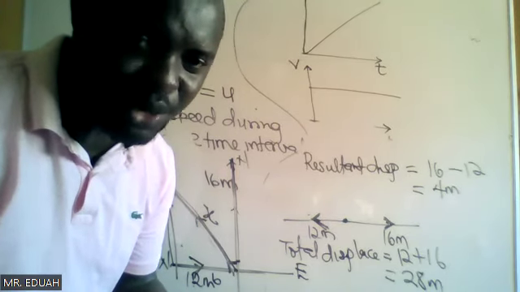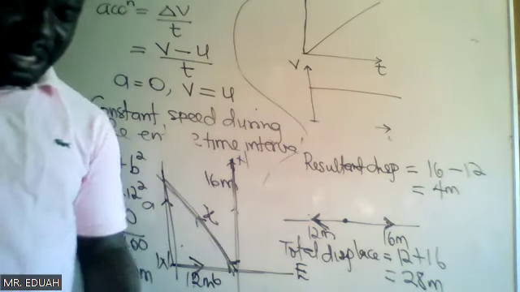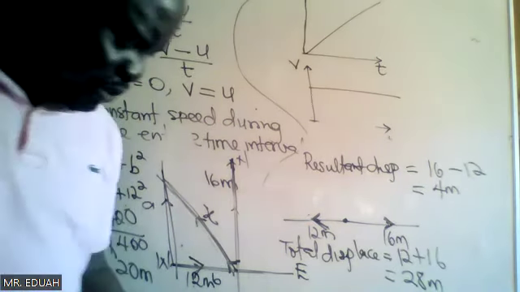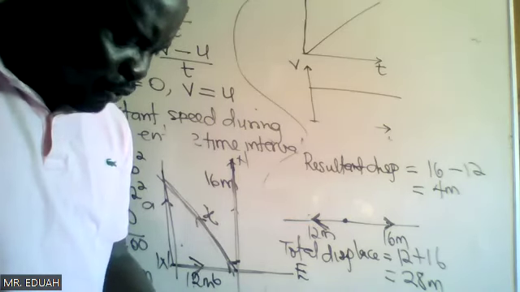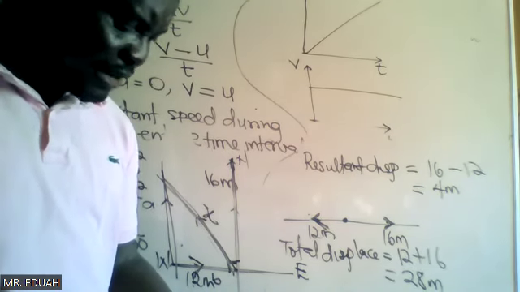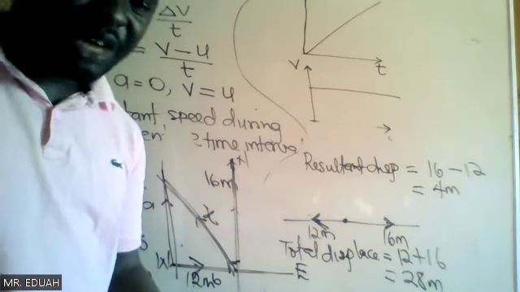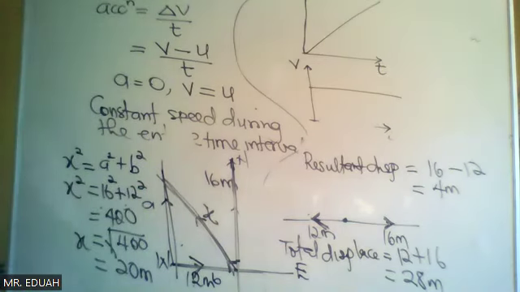Class, anybody, quick one. Acceleration is also 0. So if you understand this, within one second you've picked your answer. Once it's a velocity time graph and the slope is 0, acceleration is also 0.